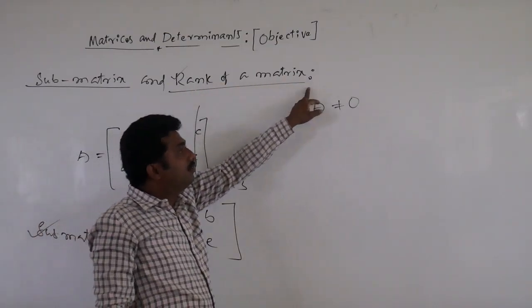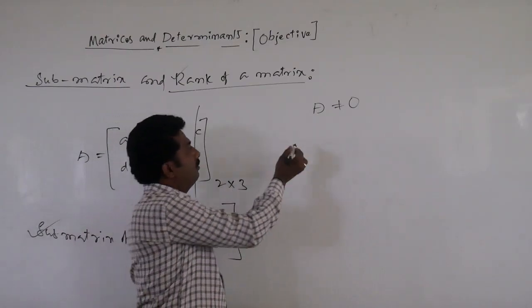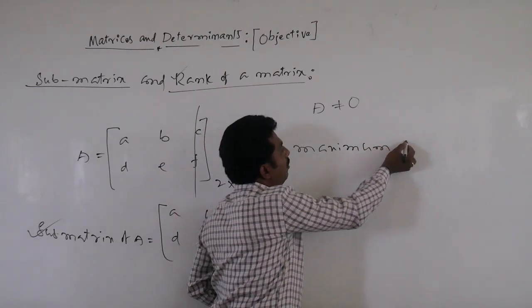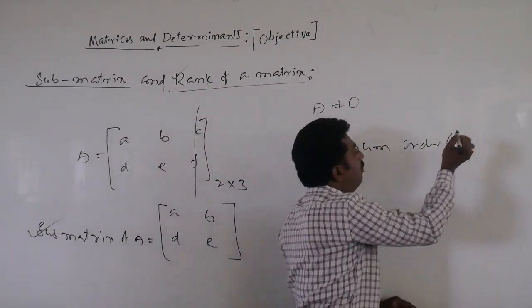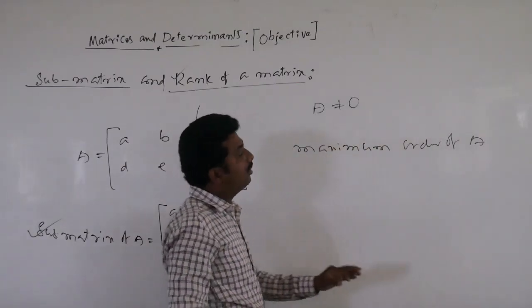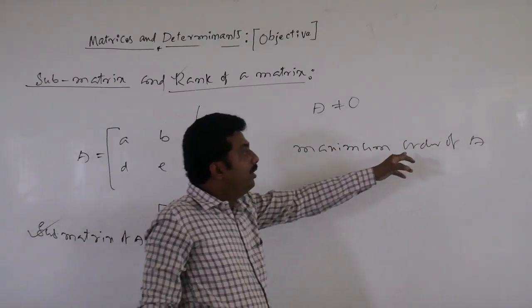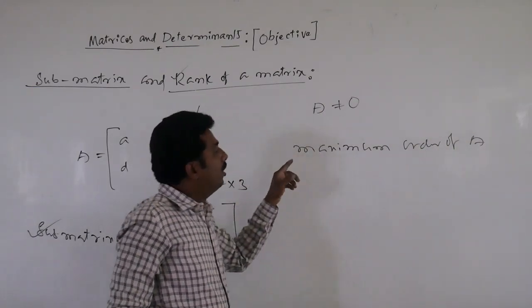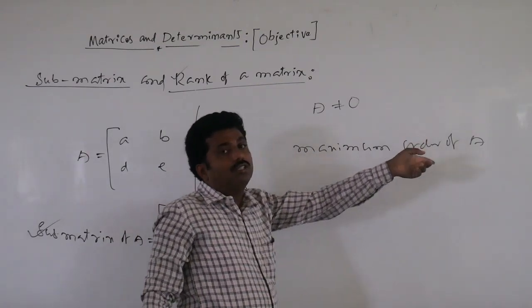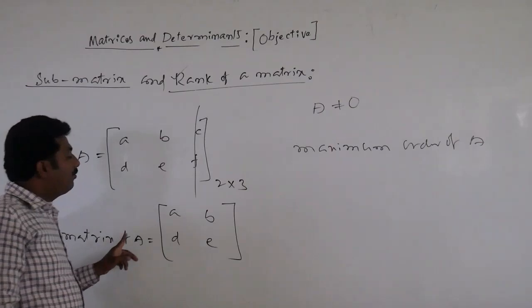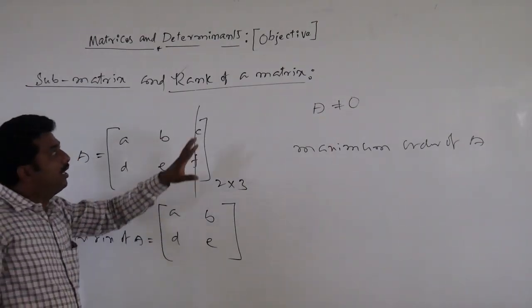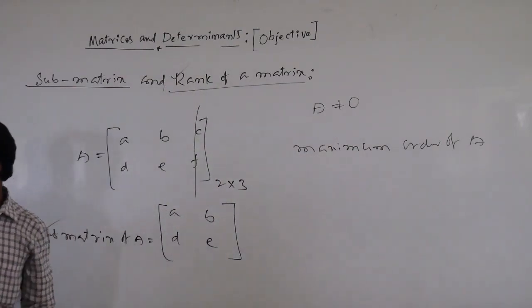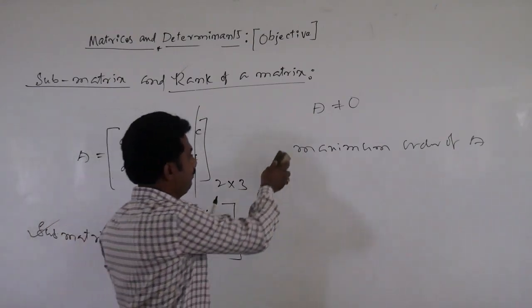Rank of the matrix is nothing but the maximum order of a non-singular submatrix of capital A. That is called the rank of the matrix. I will give one algorithm for how to find the rank of the matrix.